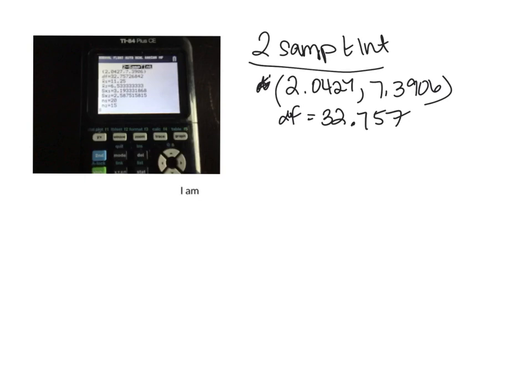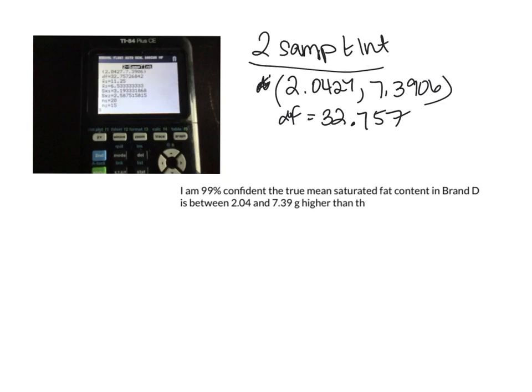I am 99% confident the true mean saturated fat content in brand D is between 2.04 and 7.39 grams higher than the mean saturated fat content in brand PJ.